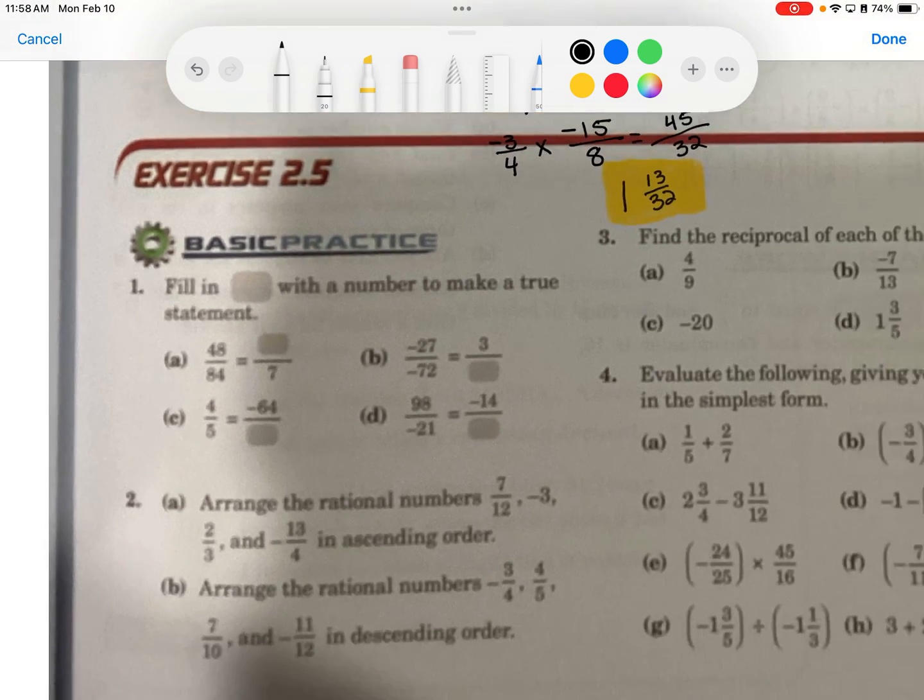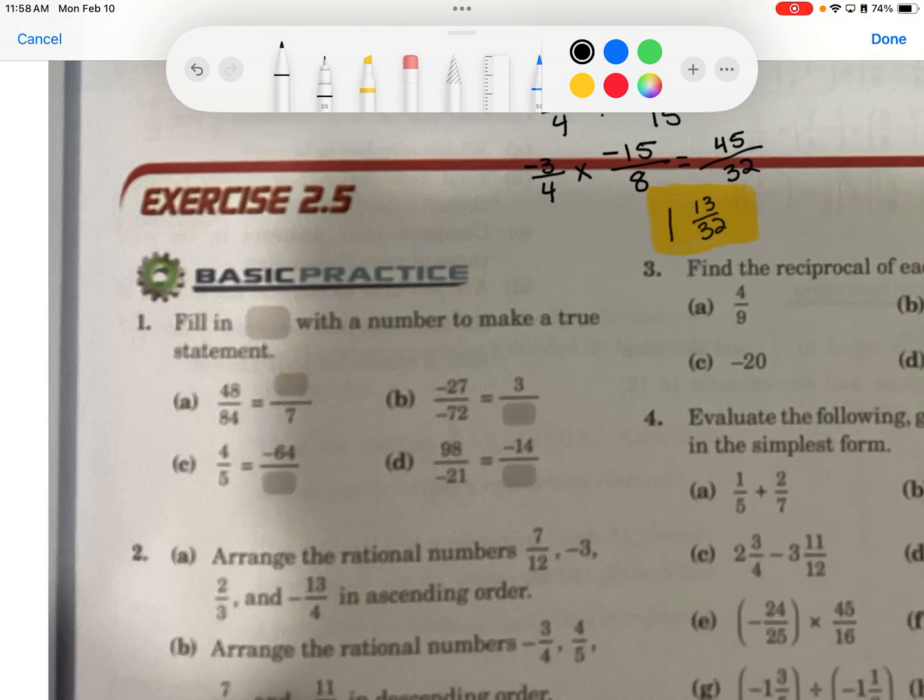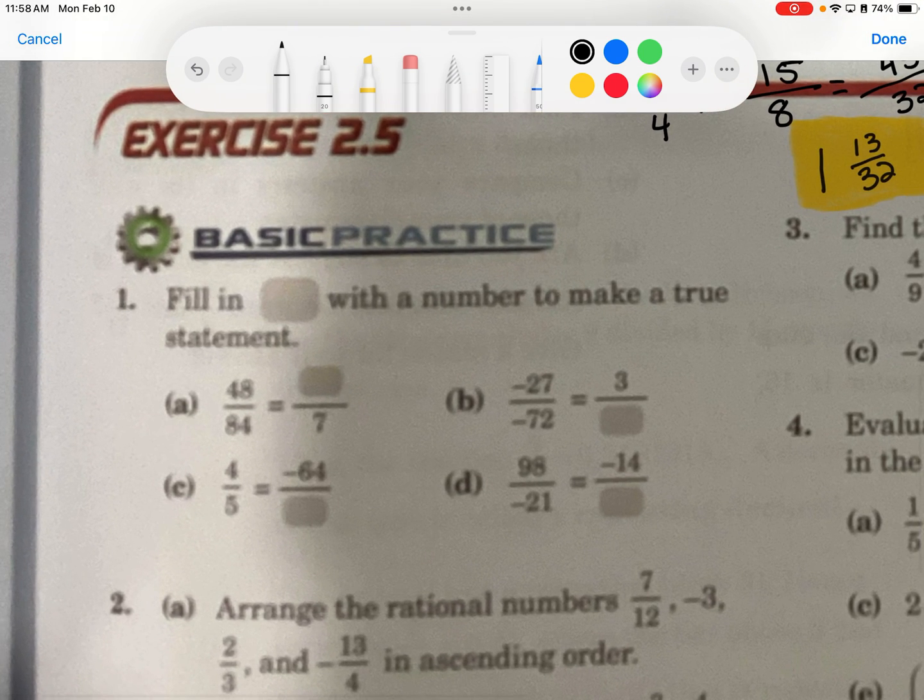Dallas, how do we get 48/84 to something over 7? What did we do to the 84 to get to 7? We need to divide. If I halve that 84, it would be 42.